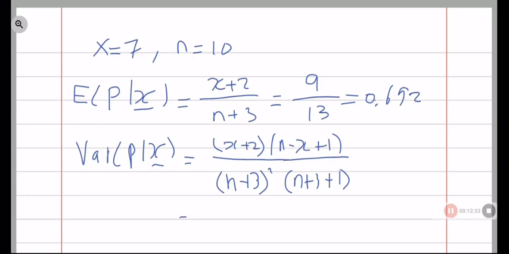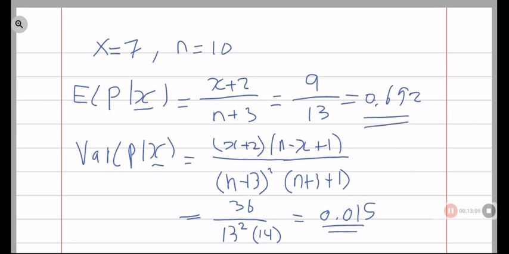That gives me 36 in the numerator, and in the denominator 13 squared times 14, which gives the variance as 0.015. So this is the posterior variance, and this is the posterior mean.